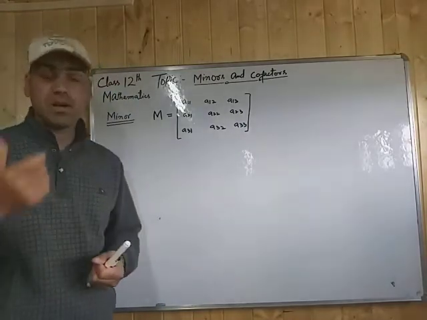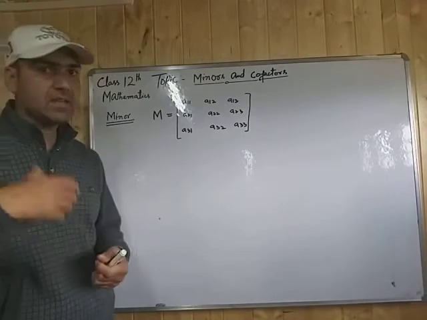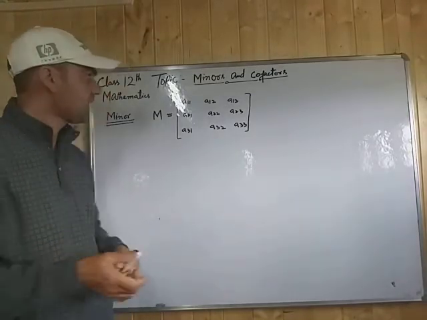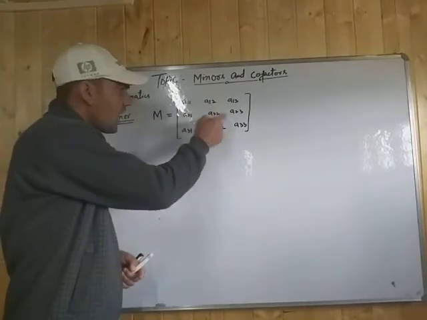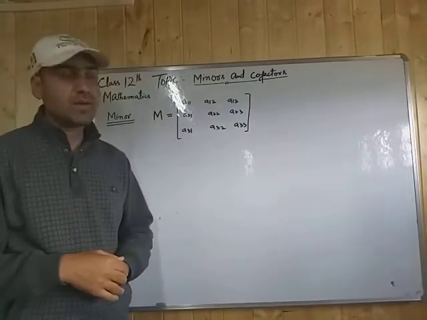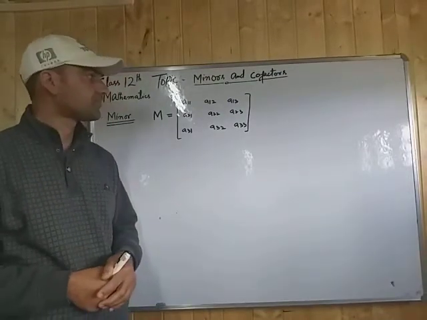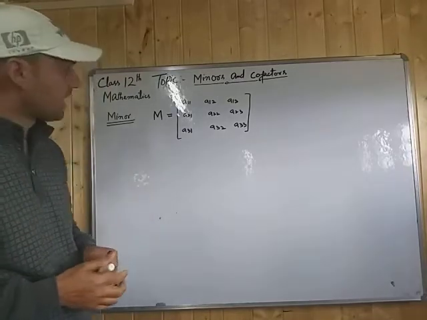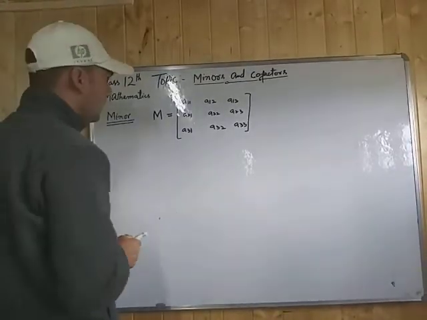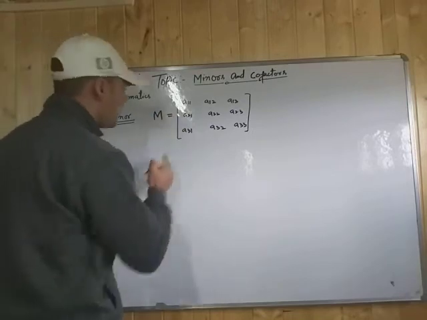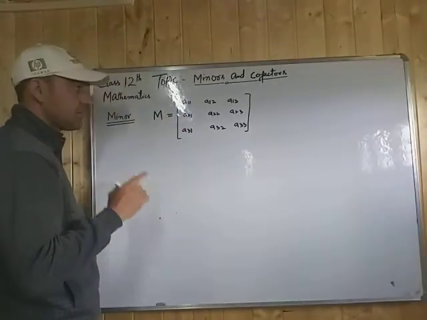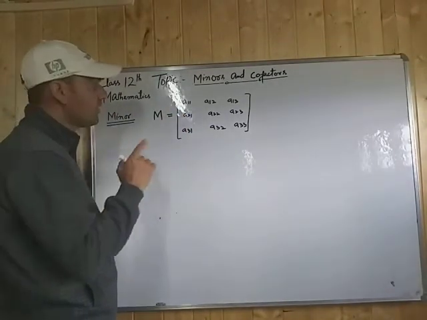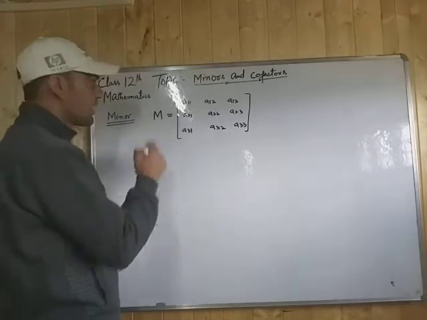As I already said, the minor of a matrix at any position is the value obtained when we expand the matrix at that position. So first of all, we'll calculate M11, that means the minor of the matrix at position 1 1, which means first row and first column.